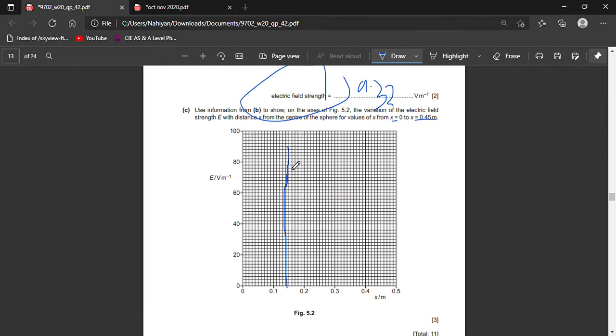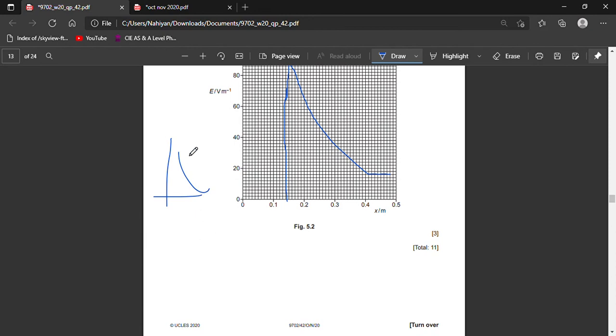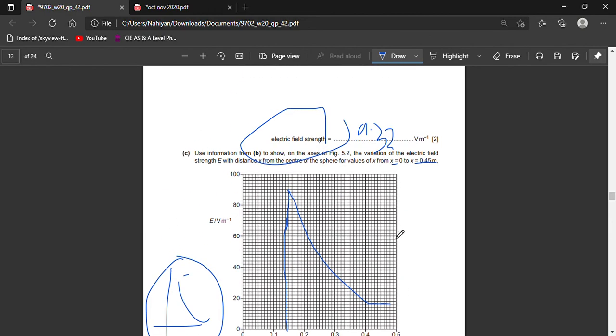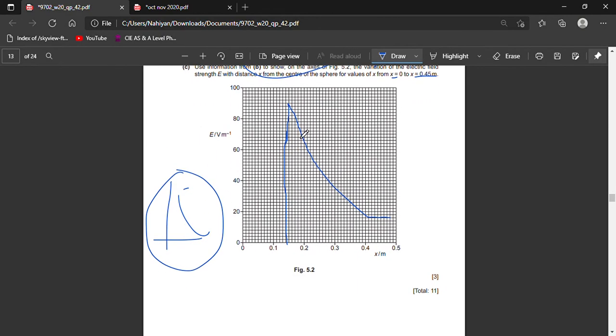So we know the inverse relation comes out to be a curve like this. As this also follows the inverse relationship, the second part will decrease like this, and it will keep on going.